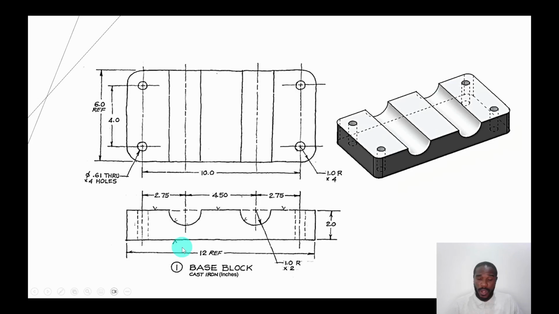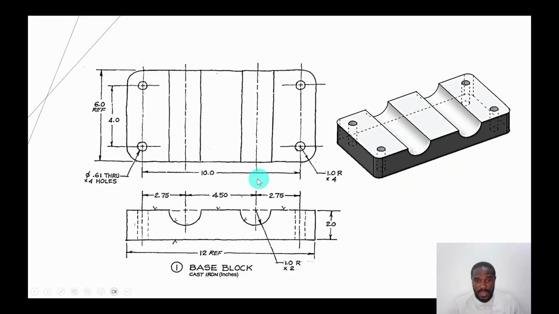So I'm going to first draw a rectangle of size 12 inches by 2 inches. Then if I look at these holes, there's a distance of 10 inches between them.